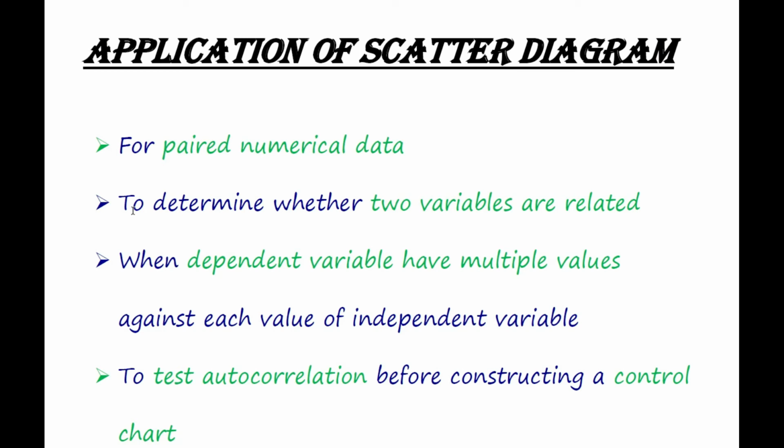Second, to determine whether two variables are related. If you check the relationship between any two variables, you can draw a scatter diagram, and with its help you can easily check whether the two variables are related with each other or not, or which type of relationship these variables have.